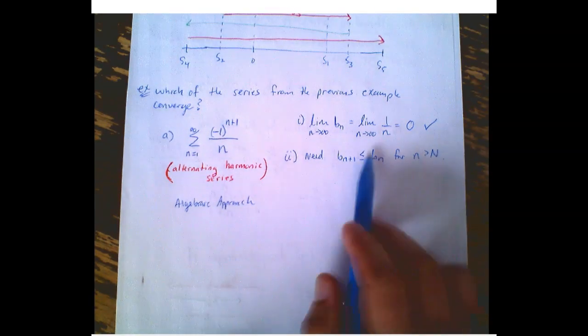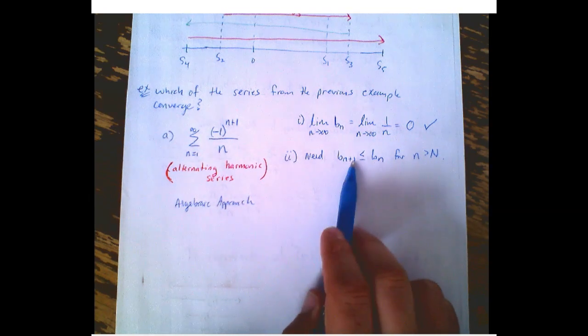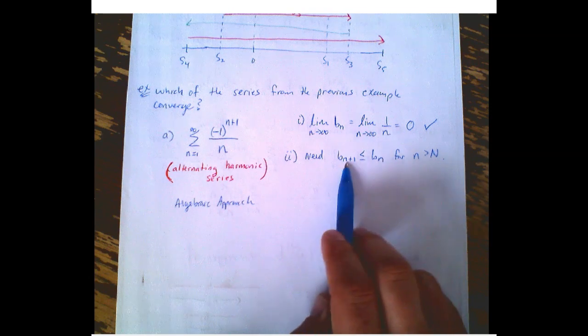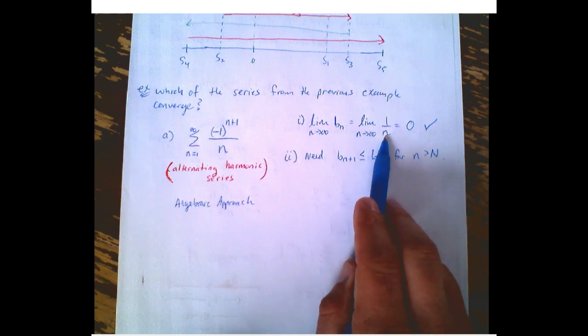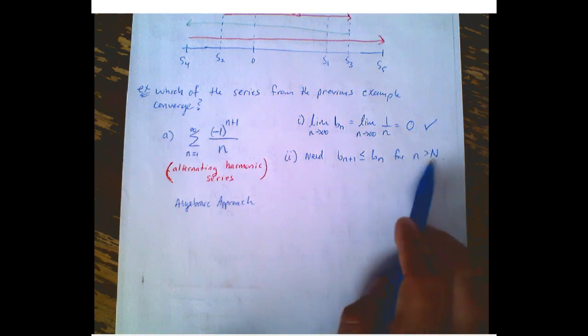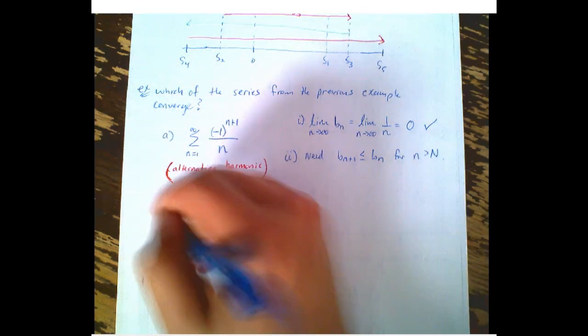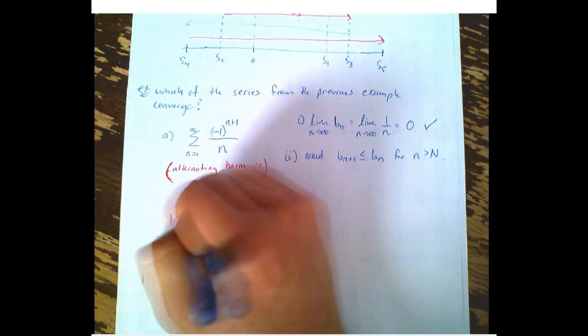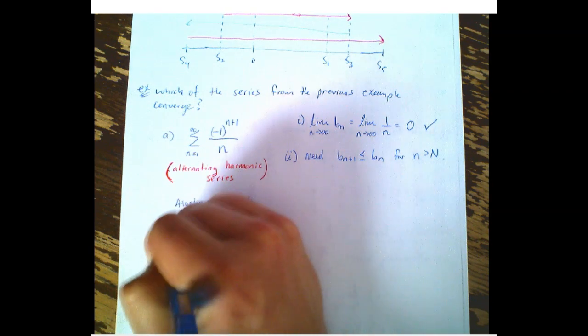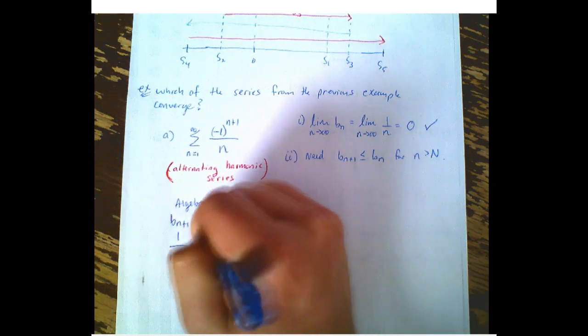So what we're going to do is just sub n plus 1 into our bn and show that this relationship is true at some point, for some n value greater than some arbitrary n. So bn plus 1 less than or equal to bn means 1 over n plus 1 less than or equal to 1 over n.